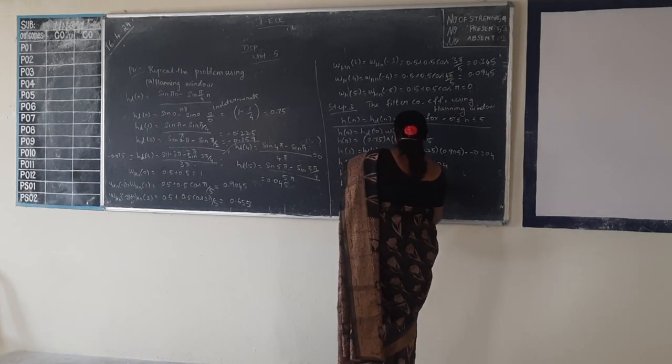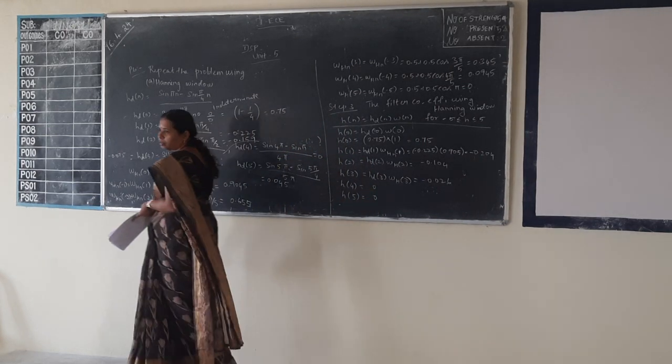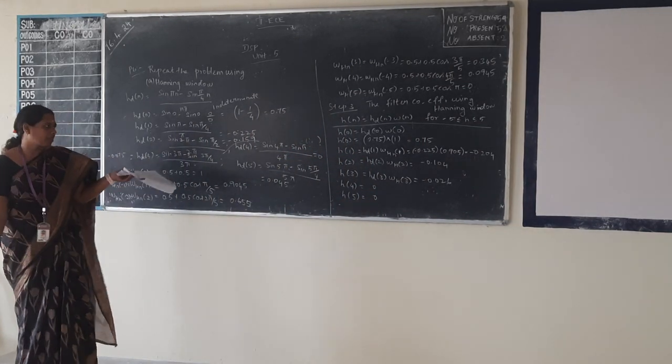Minus 0.026. And this becomes 0 because one of the terms is 0. Got this?